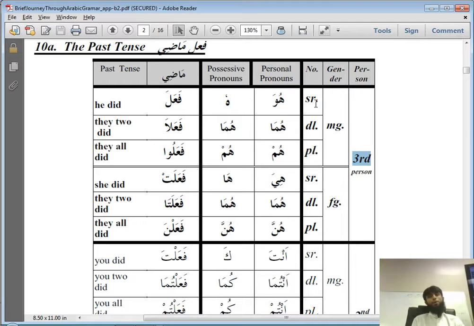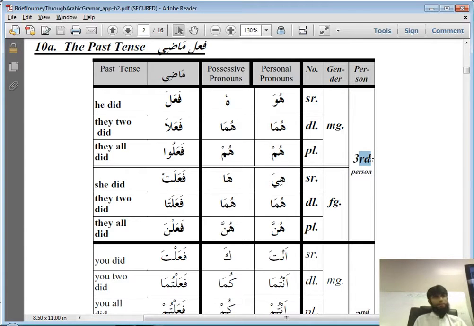This corresponds to your English understanding of things. So huwa is he, and hum is they, plural and third person. Sorry, they, not them. Huwa is he and hum is they.